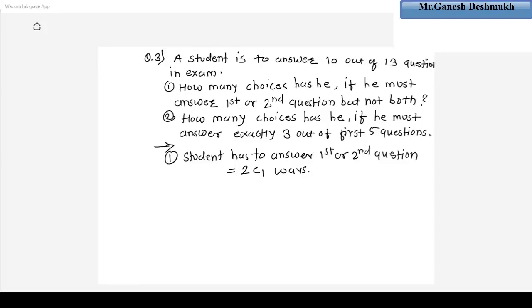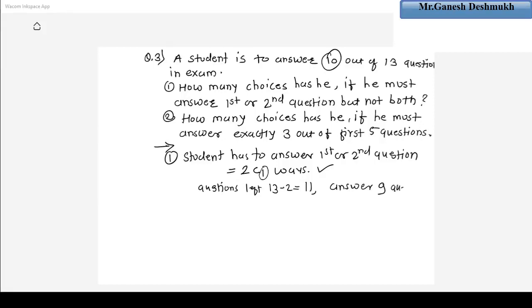Now how many questions are left? You have a total of 13 questions, and the student has made a choice for the first or second question. So the questions left are 13 minus 2, that is 11. And how many does he have to answer now? The student always has to answer 10 questions, and one is already answered in 2C1. So now he has to answer 9 questions.